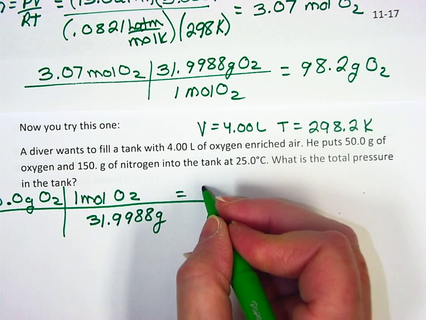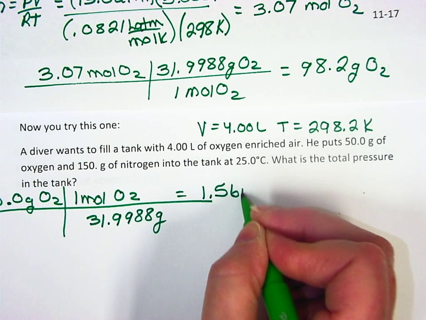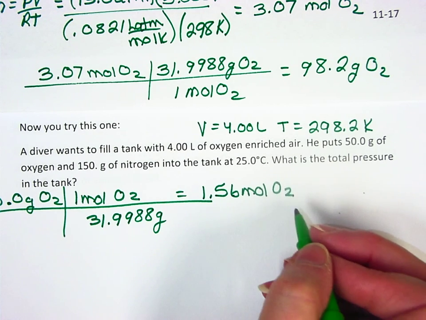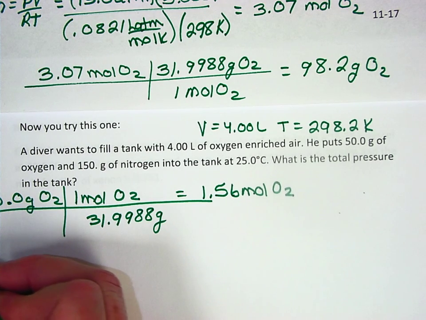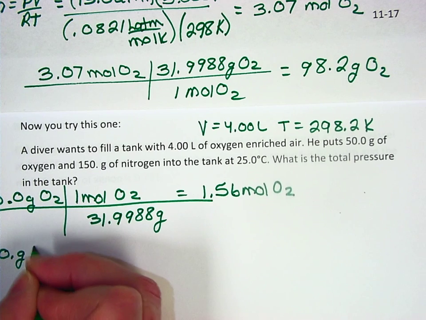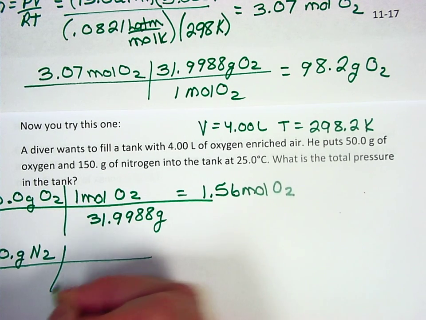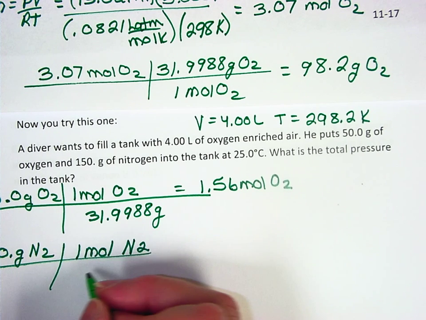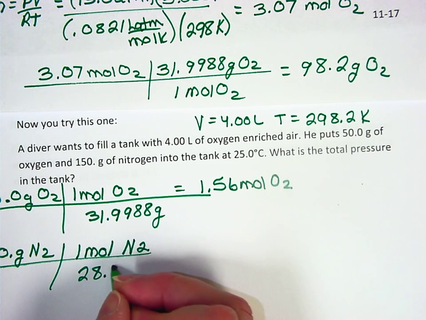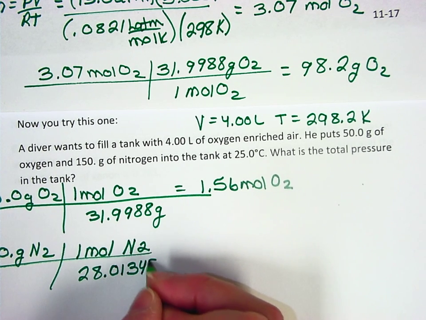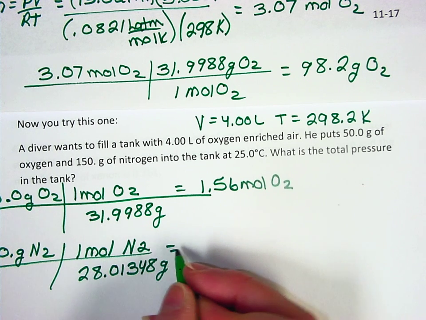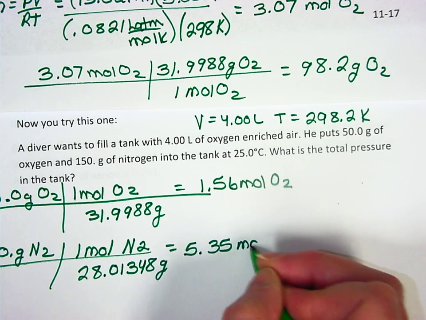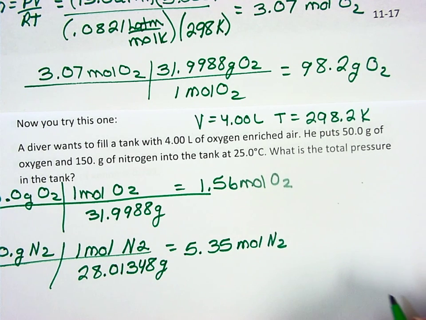And so that's equal to 1.56 moles of oxygen. I do the same thing for the nitrogen. I have 150 grams of nitrogen, and I know that 1 mole of nitrogen gas, which is diatomic, has a mass of 28.01348 grams. So that's equal to 5.35 moles of nitrogen.